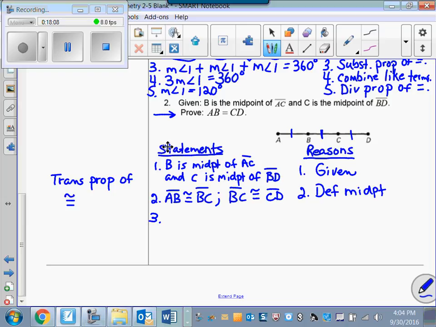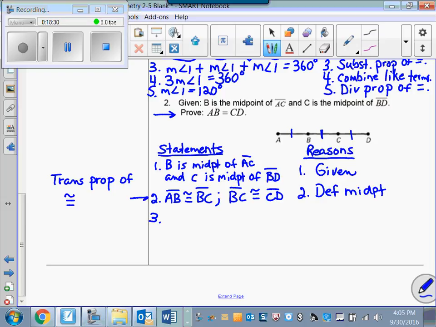And what we don't have is a substitution property of congruence. Anyway, we'll talk more about these congruence properties in class since they were not in this lesson, but you have to know right here that we do have a transitive property of congruence, and what we can see is that we need to use it.